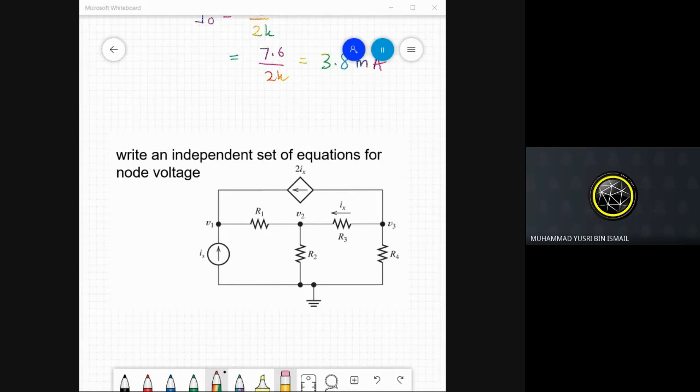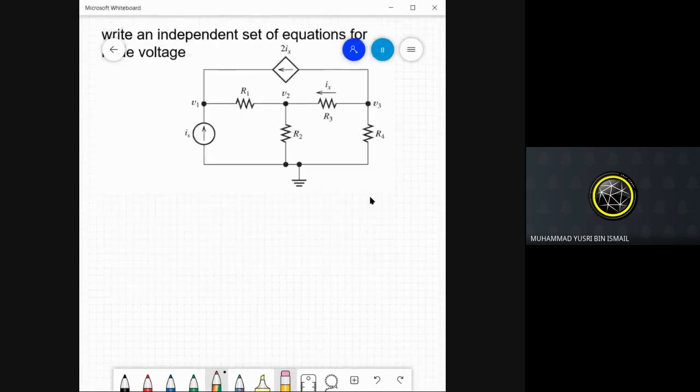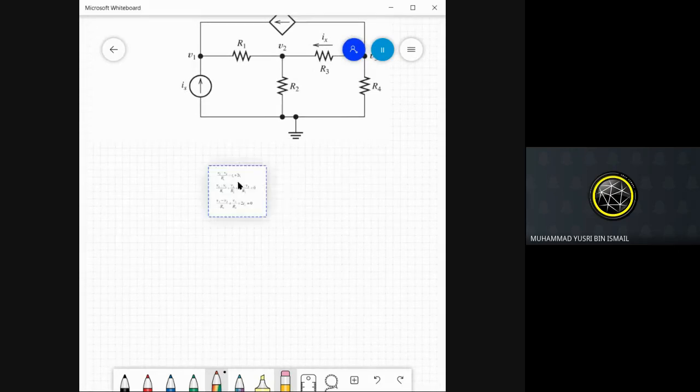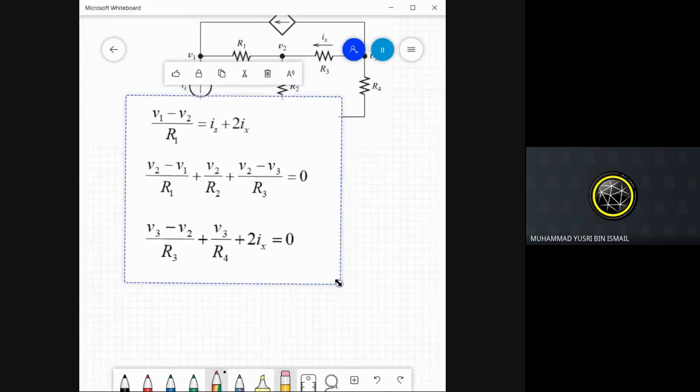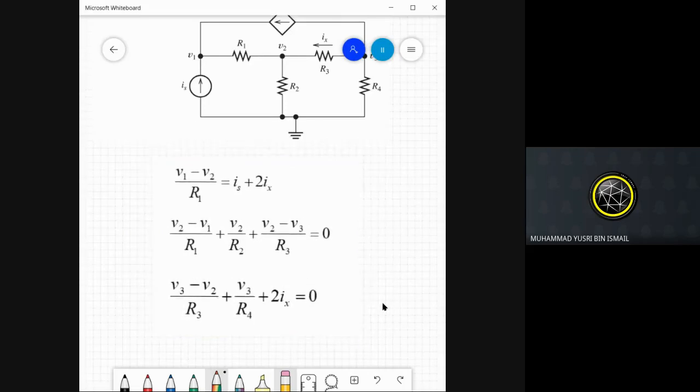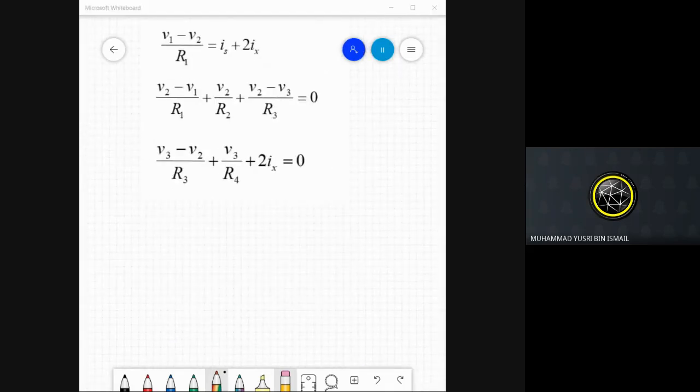Okay, ada apa-apa soalan ke? Saya akan tunjuk equation dia. Okay, so basically you will get these three equations. And then you will also have another one equation which represents Ix.